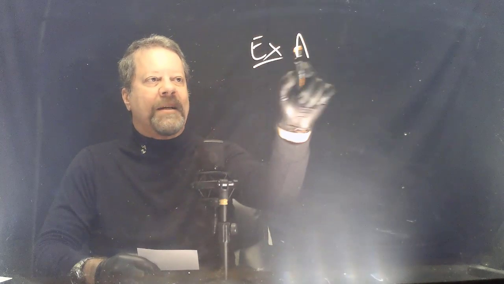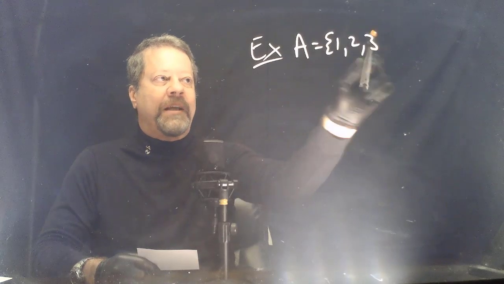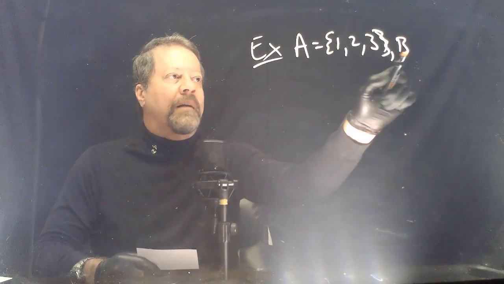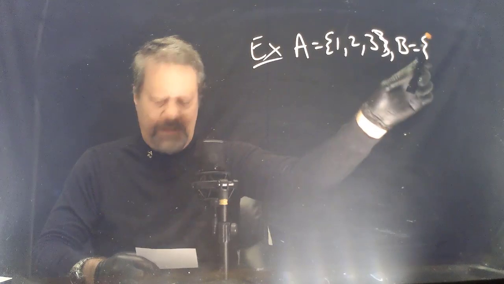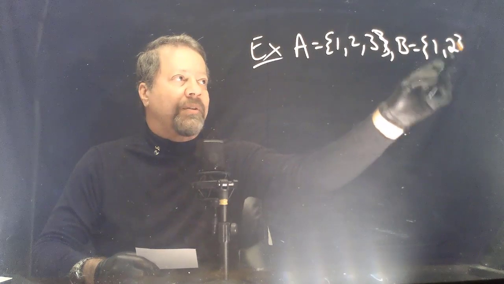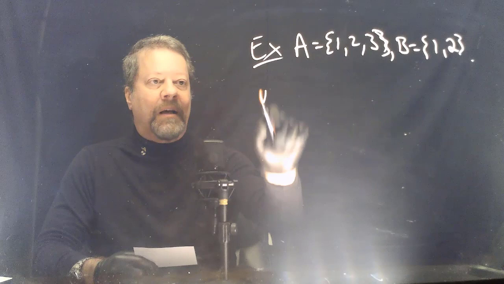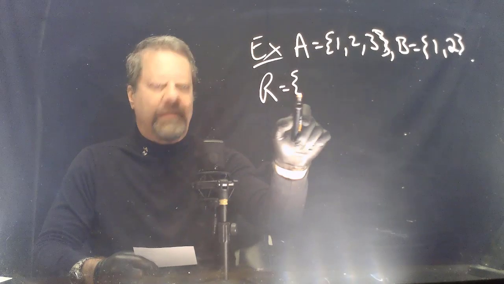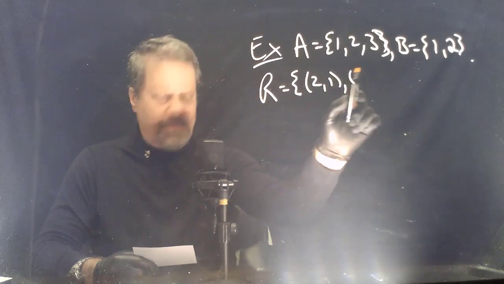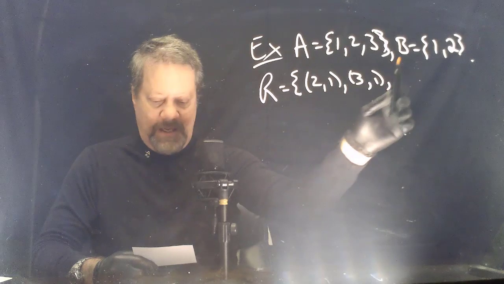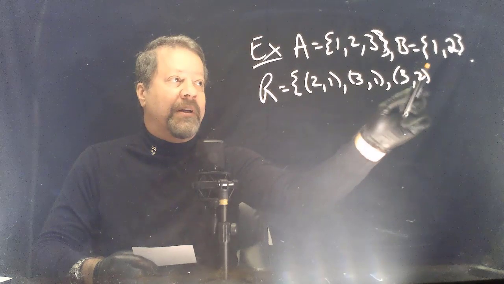As an example, suppose my set A has points 1, 2, 3, and B has elements 1 and 2. I'm going to define my relation to be the set {(2,1), (3,1), (3,2)}.